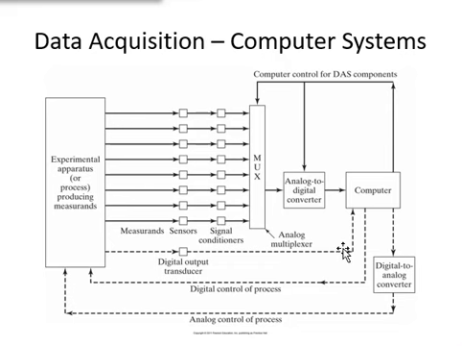These signals do not pass through the analog multiplexer and analog to digital converter, but take a more direct path to the computer, possibly through a digital multiplexer. The computer may be used to control the process either directly with digital signals or with analog signals from a digital to analog converter.